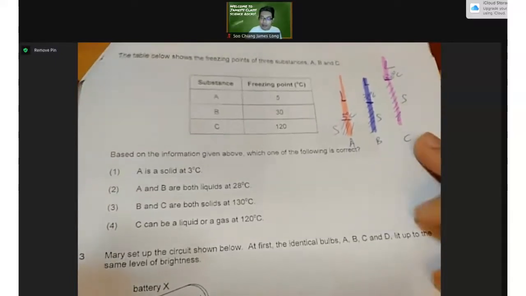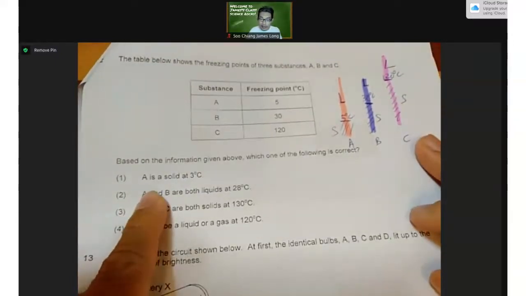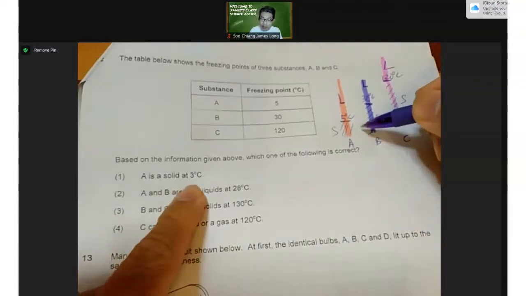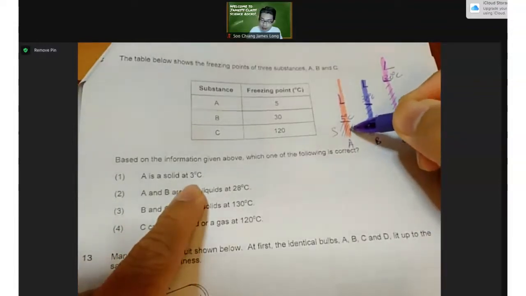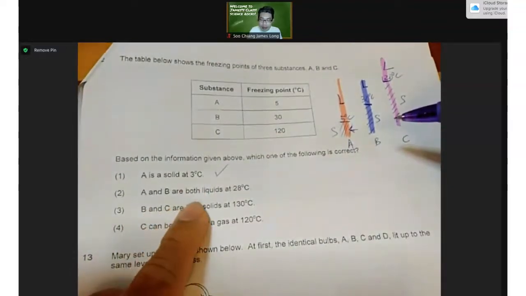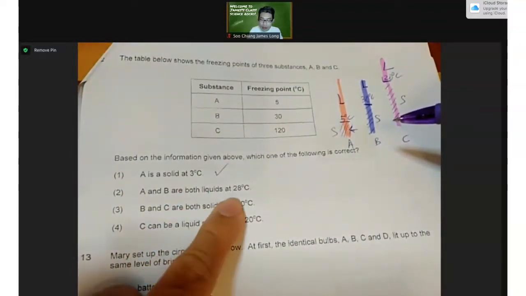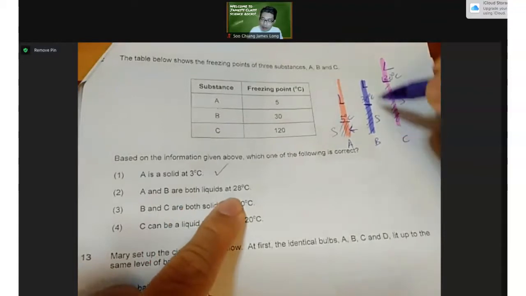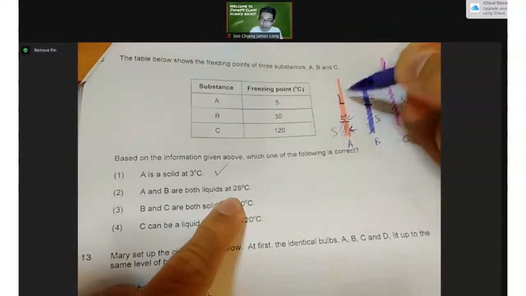Now that we have this, let's check. A is a solid at 3 degrees Celsius. 3 degrees Celsius is here. Yep, that is true. Let's check. A and B are both liquids at 28. At 28, A is a liquid, 28 is somewhere here.